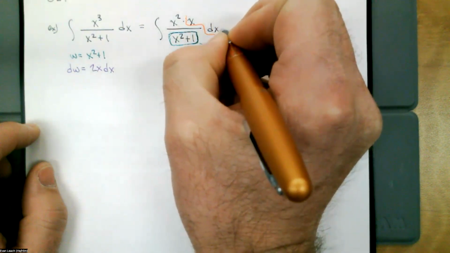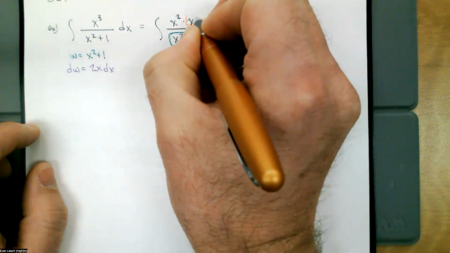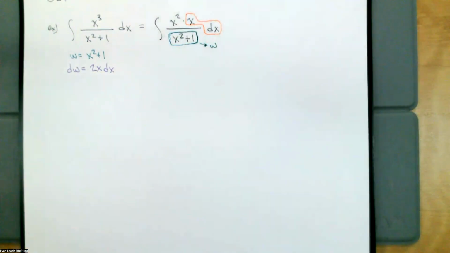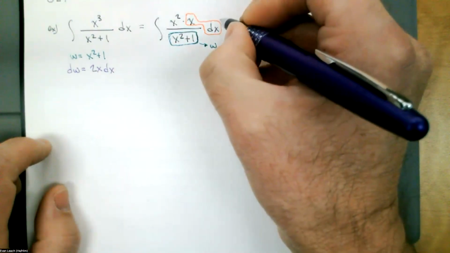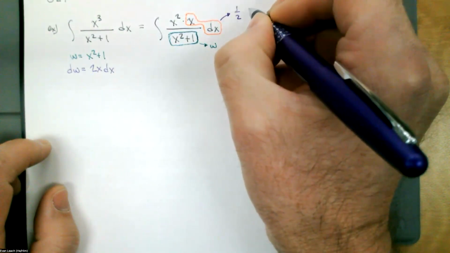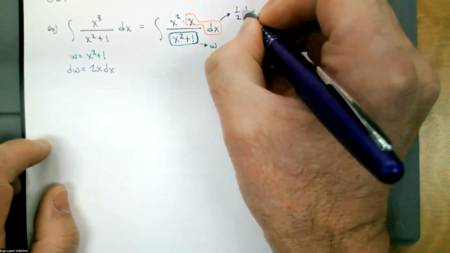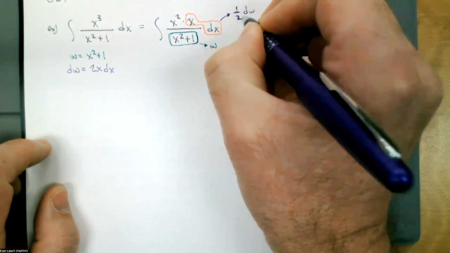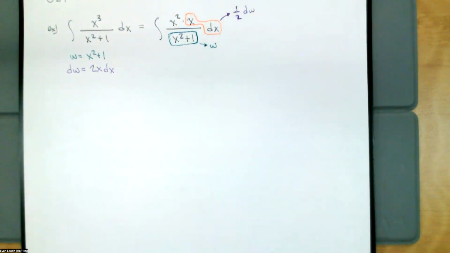Everything's working out so far. That other x squared, I can replace with w because w is x squared plus 1.